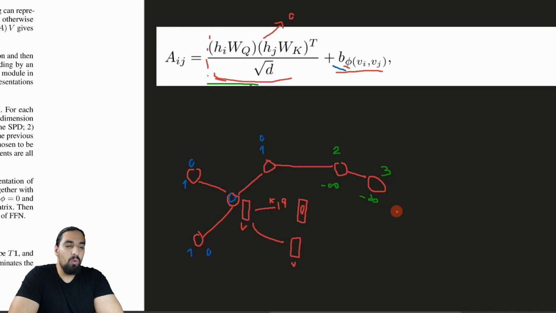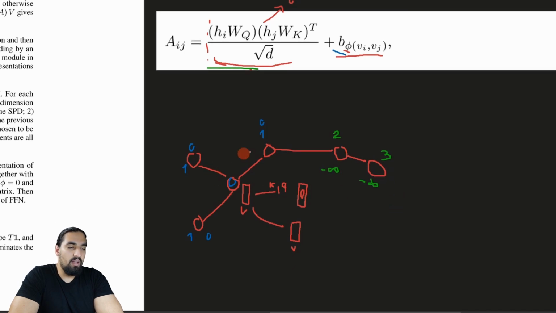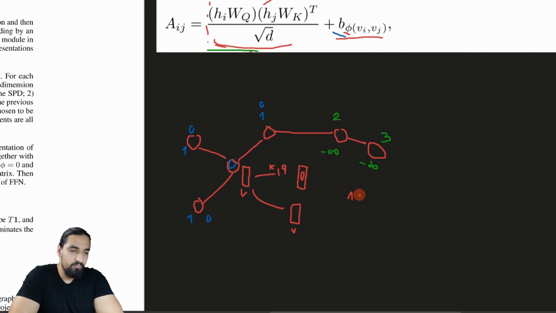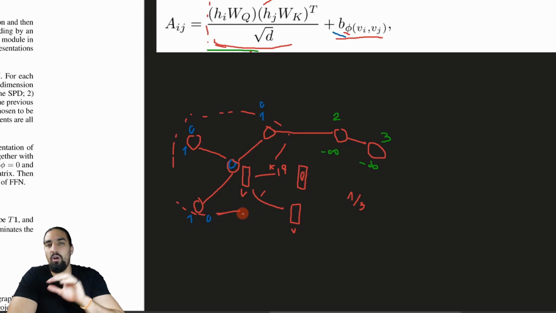So that means we'll basically end up having the same coefficients here, and that's going to be 1 over 3. And these will be 0. So we'll end up attending only these nodes here, and we'll take a mean average of those 3 feature vectors.